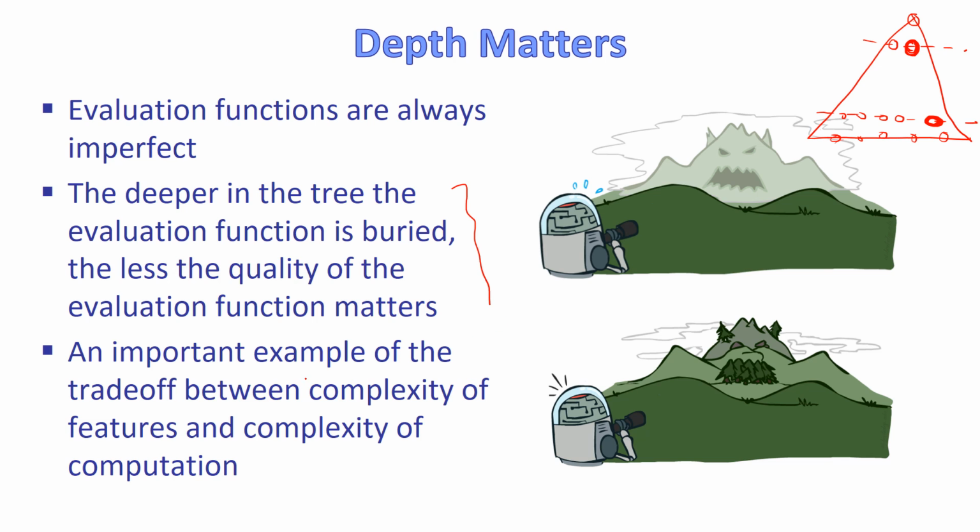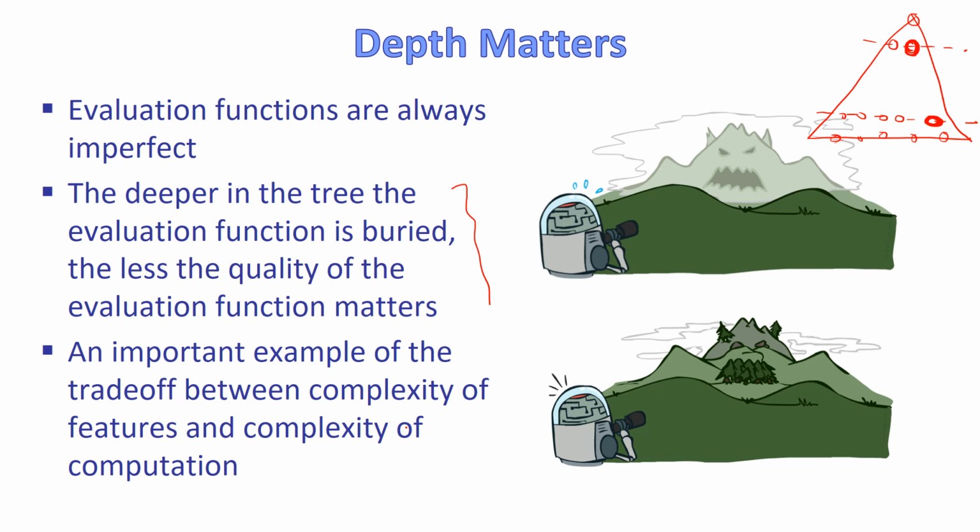Another point is that when we compute the evaluation function, it may have so many features. Remember last time when we talked about the weighted average of features, when we talked about chess as an example of an evaluation function. If we have so many features and these features are complex to compute, we might get a better estimation of the value of that node, but that might take more time.